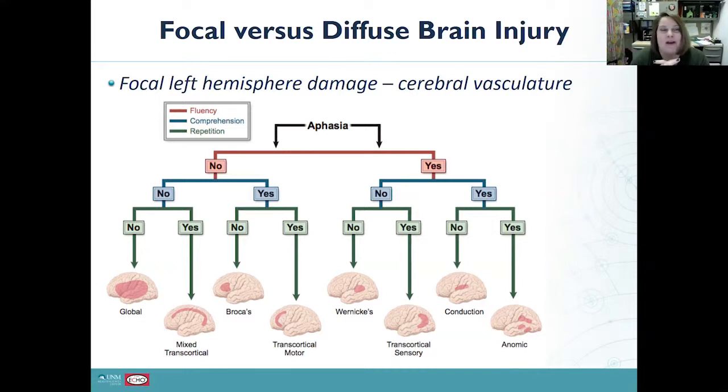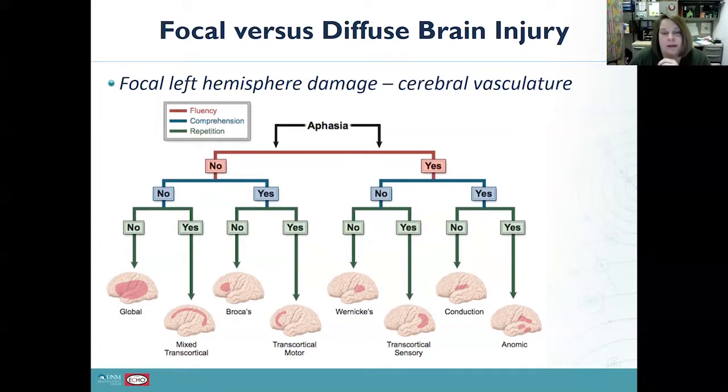We know, at the very least, even if you don't know subtypes, that there are some people who are receptive or expressive, or some people say fluent or non-fluent. But depending upon where the damage is, which arteries have been impaired, you're going to have a certain type of behavioral presentation of symptoms. And we have a pretty good strategy for dealing with those symptoms per subtype.